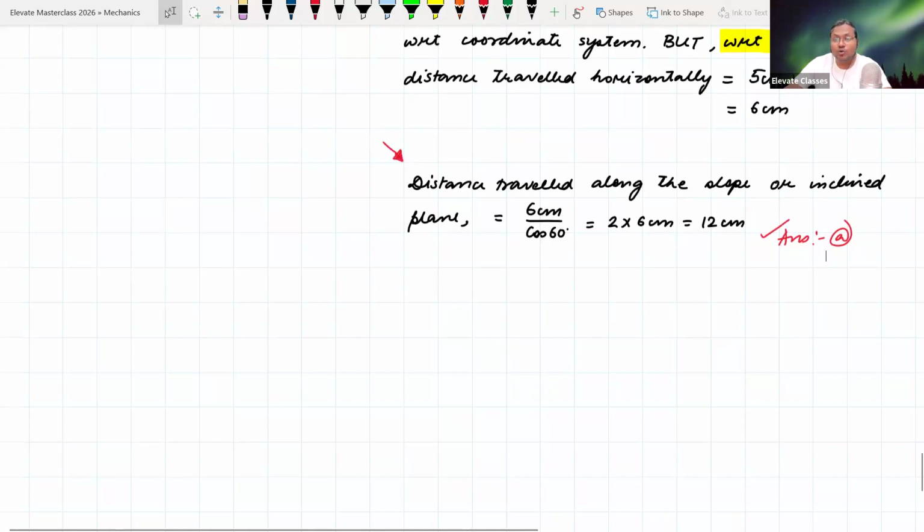In all the questions we have done so far, the center of mass was initially at rest. But what if the center of mass is initially not at rest, but is in some sort of motion? Then what will the situation be? So let us look at this particular question.